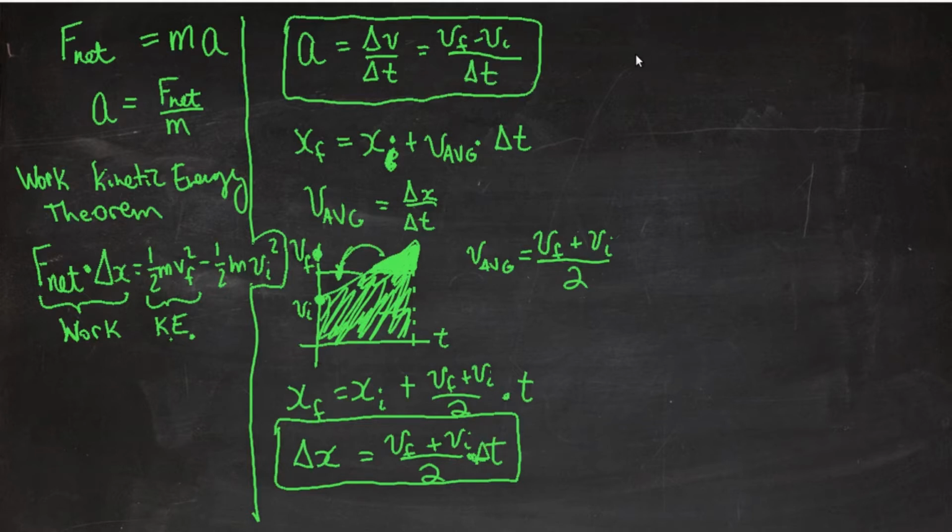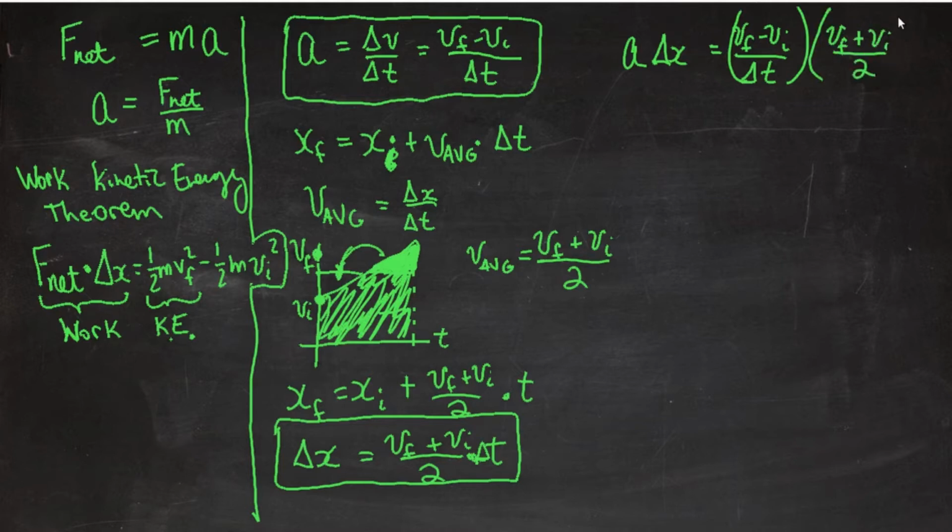Well, let's see. If I take A times delta x, that's the same as what A is, so that's V final minus V initial over delta t. And delta x is V final plus V initial over 2 times delta t.